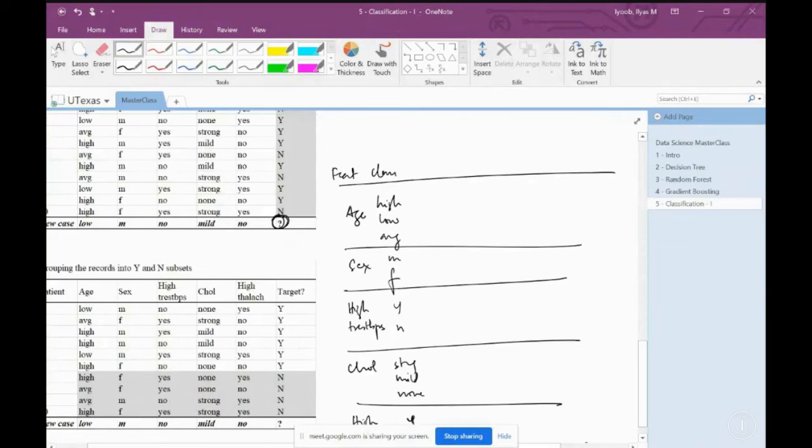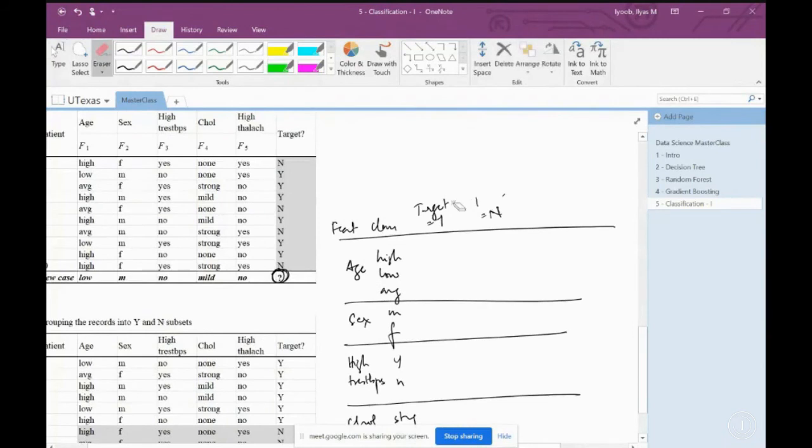Now I'm going to group them by whether the target is that they had the disease, or that they didn't have the disease. Actually, let me write that slightly differently; let me just put Y and N here.